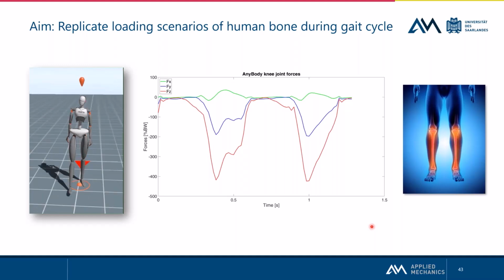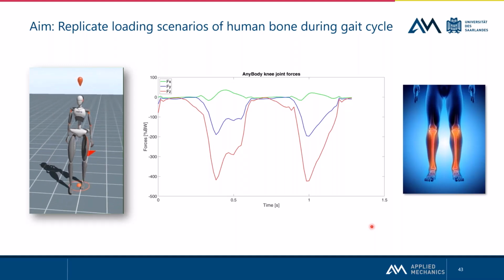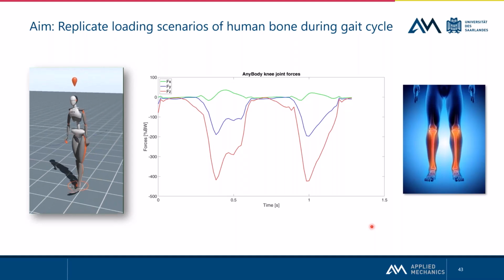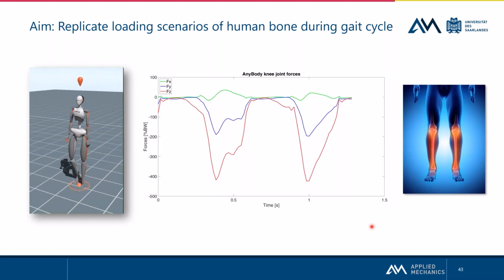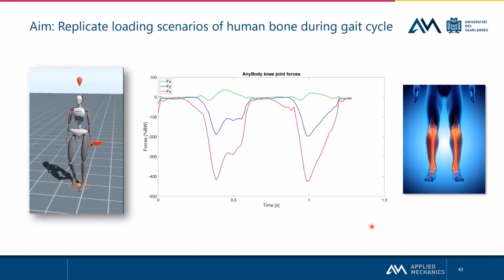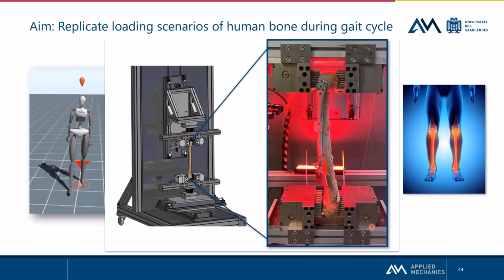We test daily activities, like here you can see again the Xsens avatar with a walking activity, and we apply these knee joint forces also to our specimen in our testing device. And then it looks like this.